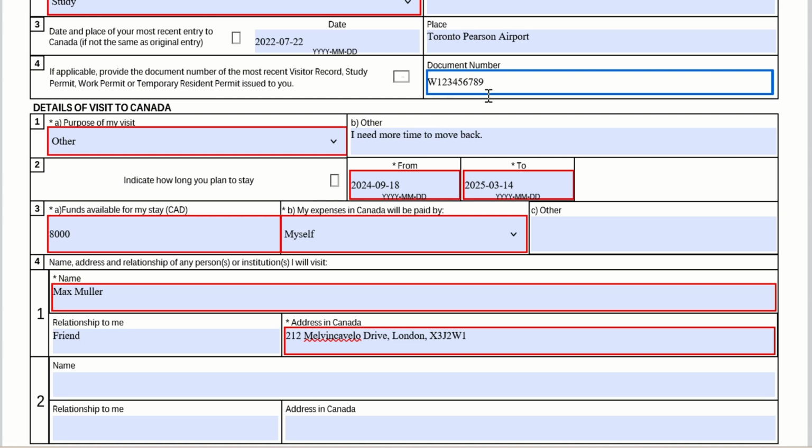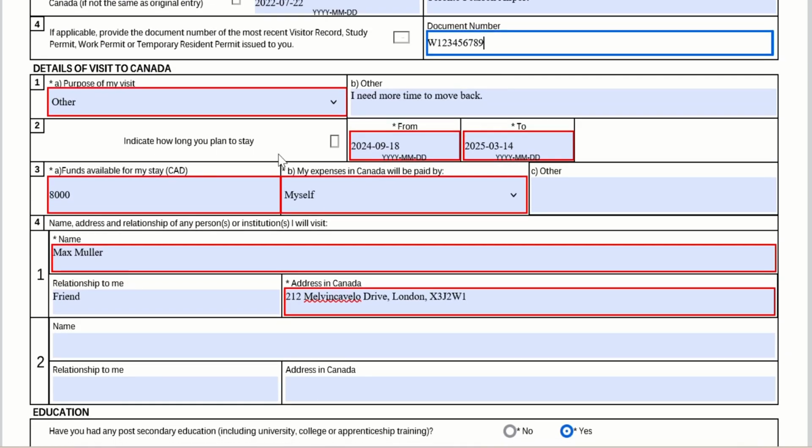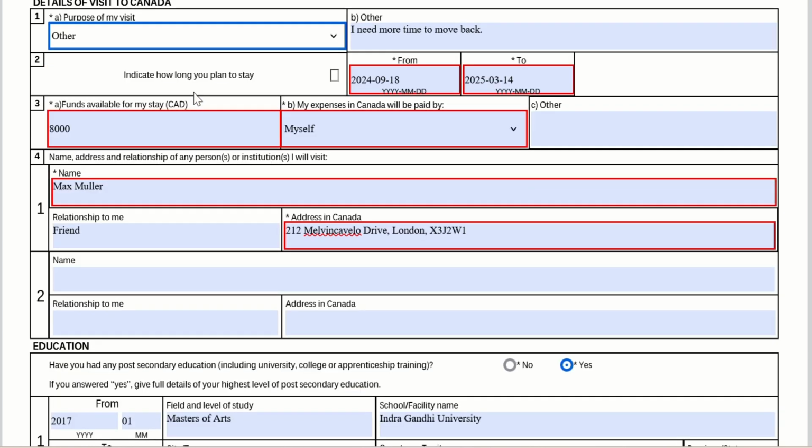And this is the last document you had. If applicable, provide the document number of most recent visitor record, study permit, work permit. So the last document, the work permit number, is mentioned here. Then this is the part where they're asking why you want to stay.